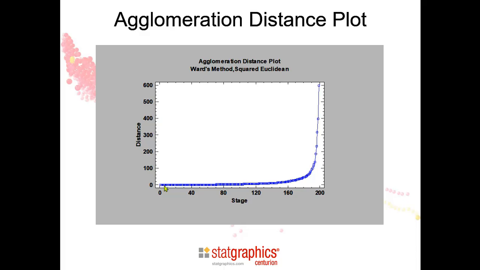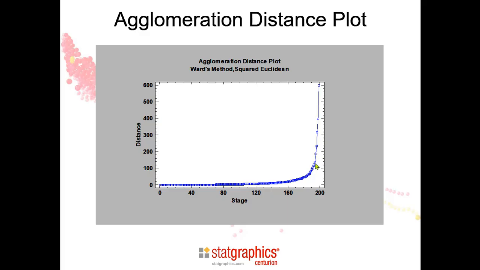You'll notice that the distance between the clusters early on is quite small and rises fairly smoothly until we get to 6 clusters. If I go fewer than that, to 5 or 4 or 3 or 2 or 1 cluster, the distances start to increase fairly dramatically.